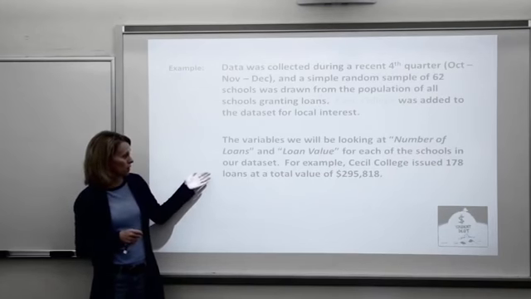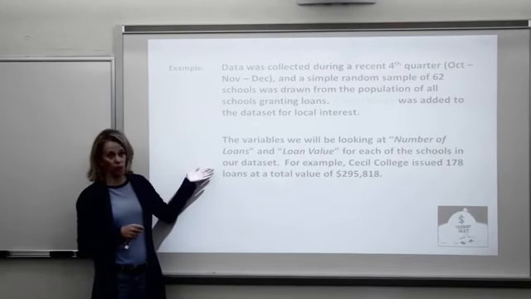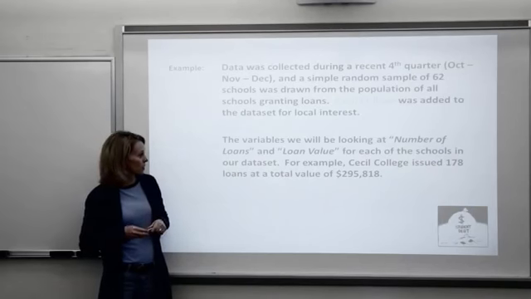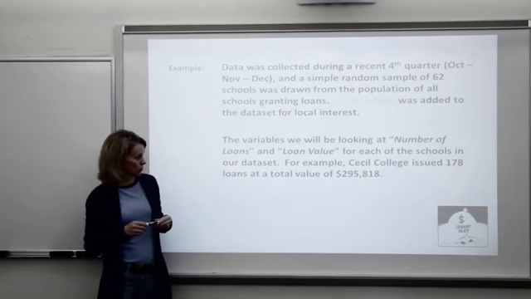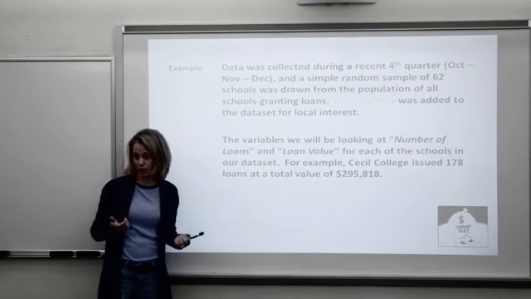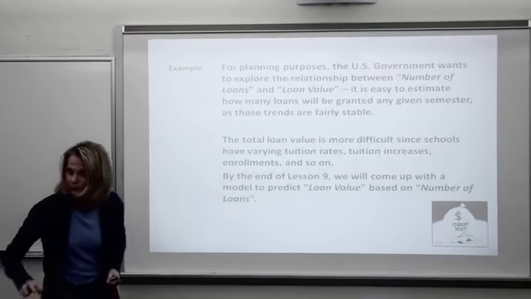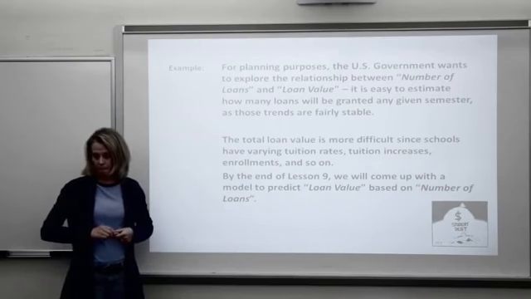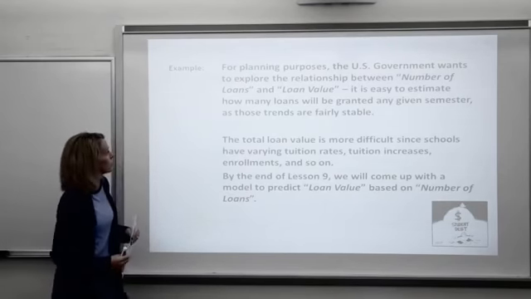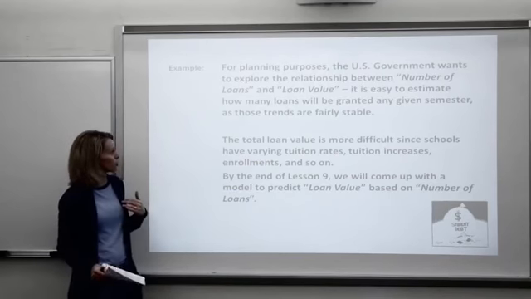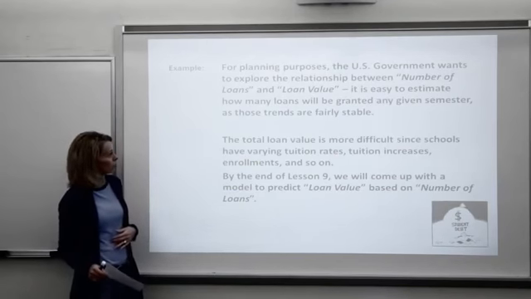One example in the data set is Cecil College, which issued 178 loans in the fourth quarter, and the total value of those was $295,818. For planning purposes, the government would like to explore the relationship between number of loans and loan values.